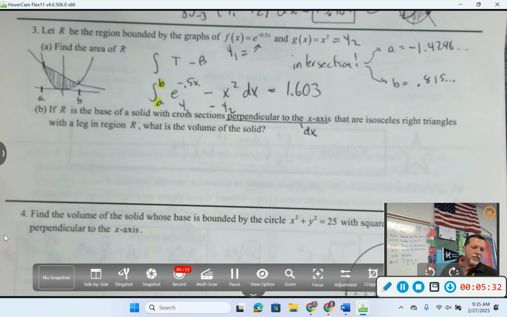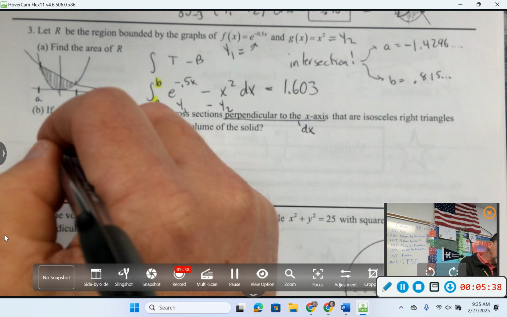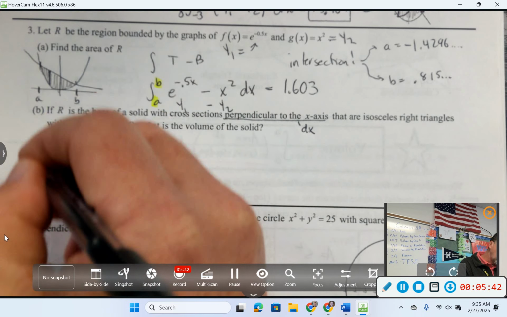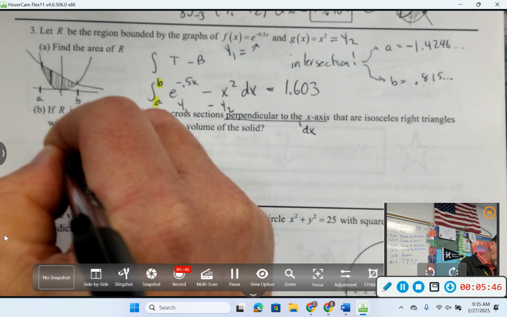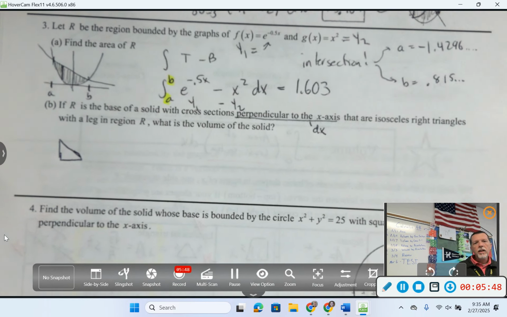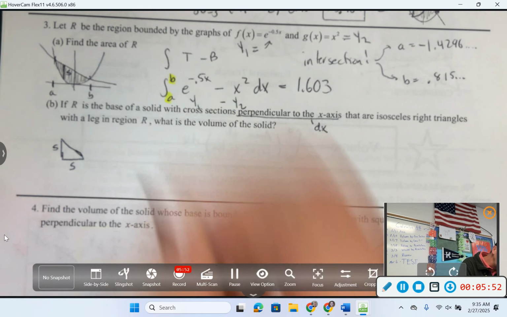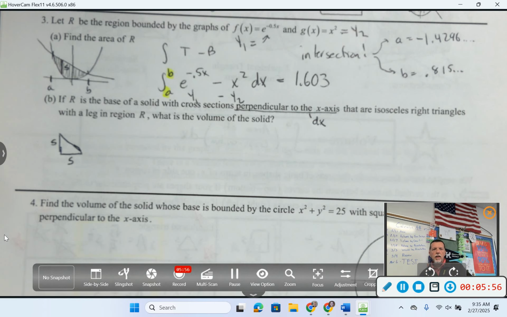Isosceles right triangles with a leg in region R. So we're building triangles up out of the base there. And that's S, and this is S, and this is S. Find the volume of that solid.